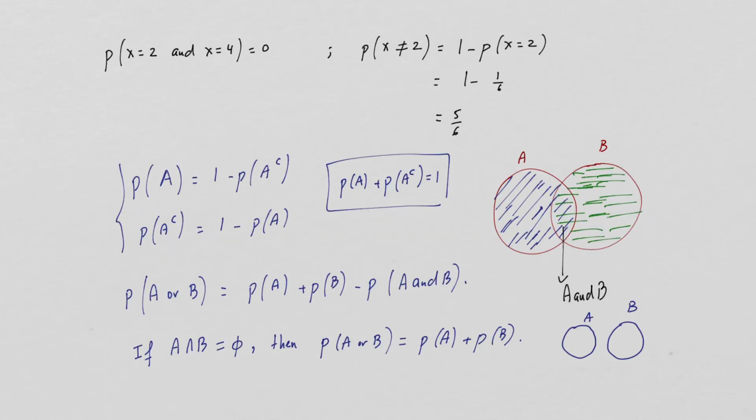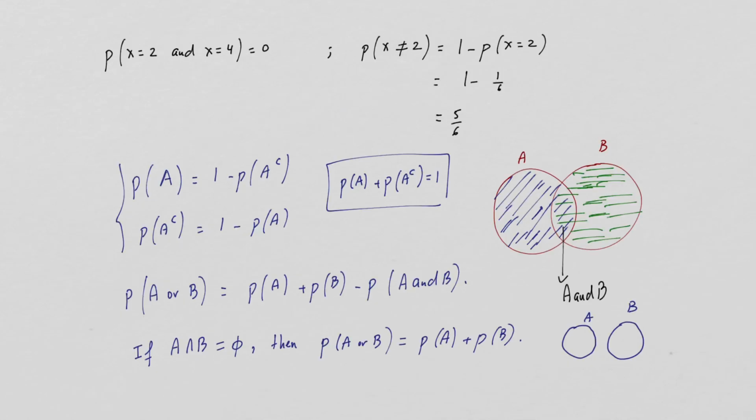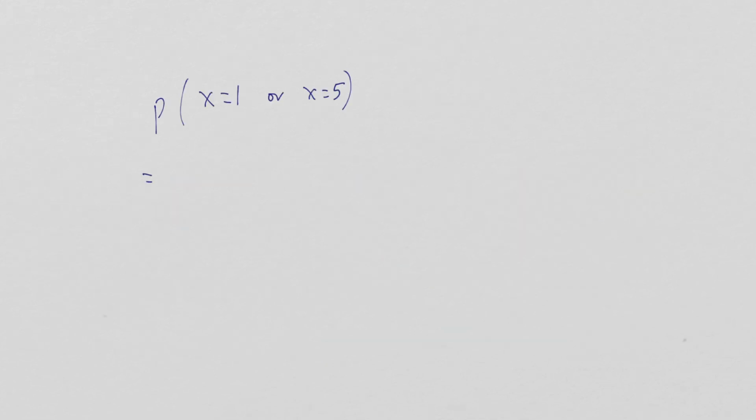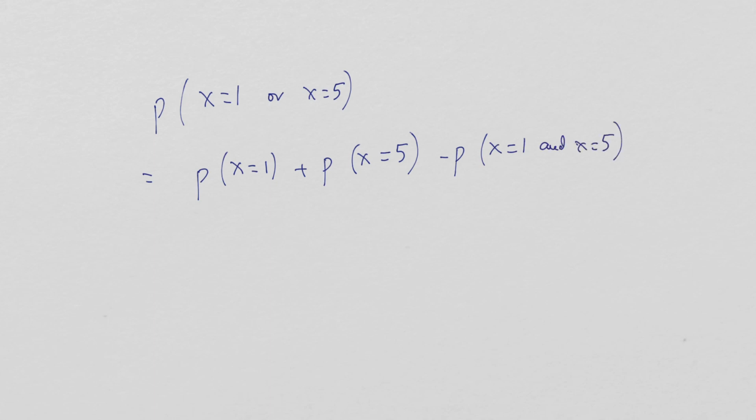Let me put it this way. Let's play dumb. Let's do P of X equals 1 or X equals 5. And let's use the actual formula, which is always true. Okay? So I will get P of X equals 1 plus P of X equals 5 minus P of X equals 1 and 5.